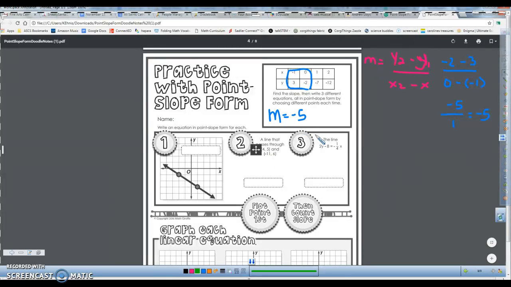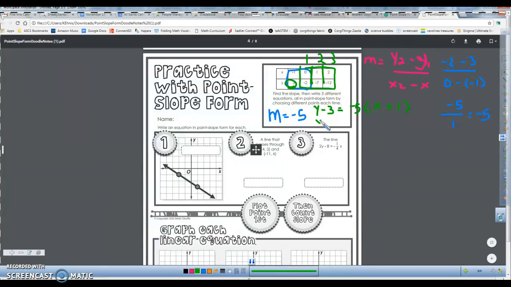Now it says I can write equations for the line using that slope. So I could do y minus 3, because that's my first y value, 3, equals negative 5 times the quantity x plus 1. Okay, so go ahead and give me 3 more using these 3 points. So the first one should be with this point, the second one with this point, and the third one with this point.